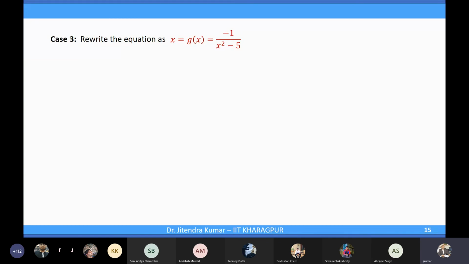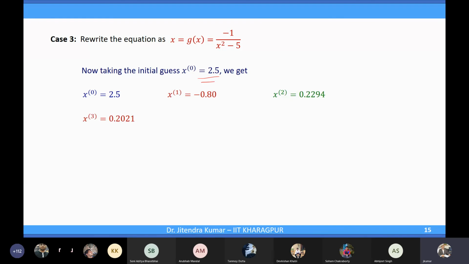Another splitting I can do, for instance, x is equal to minus 1 over x square plus 5. In this case, if I take the initial root 2.5, what will happen? Let's just check. Yes, I'm converging in this case by taking x naught equal to 2.5.